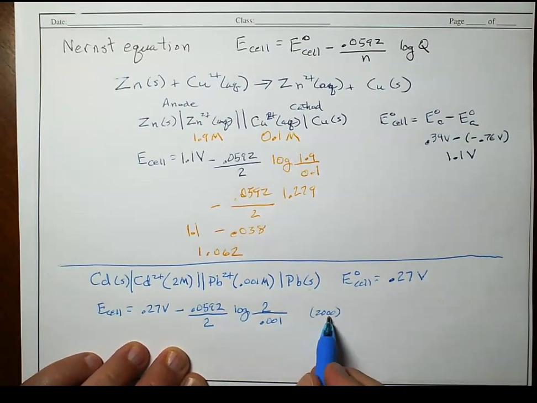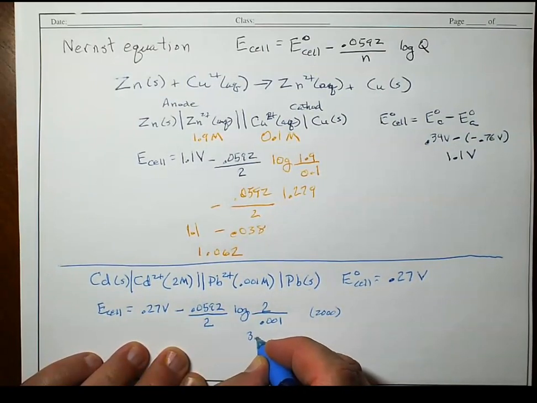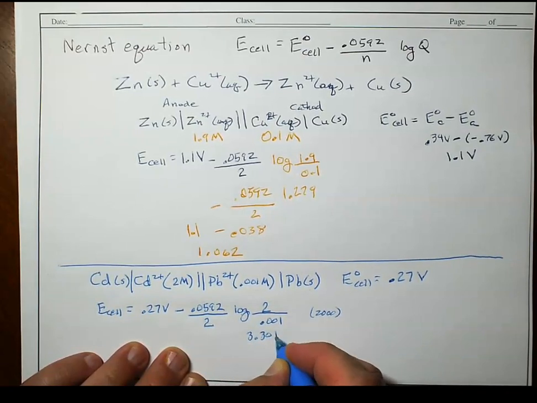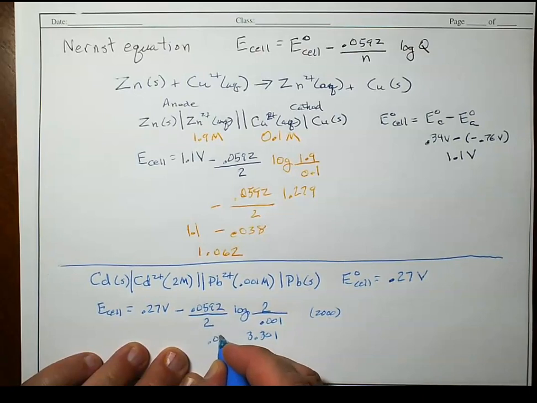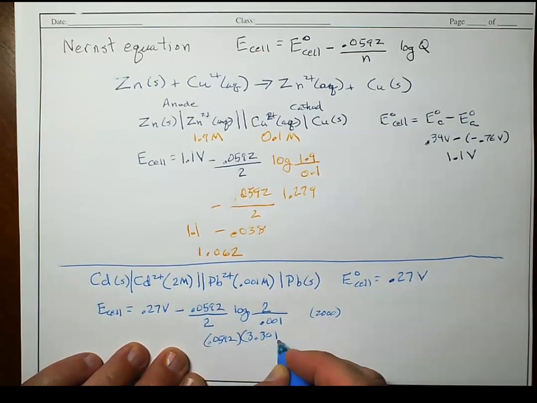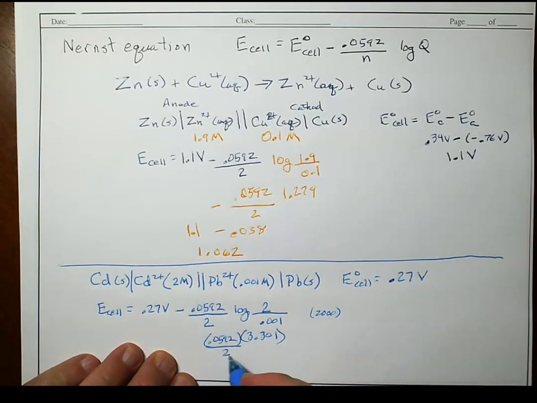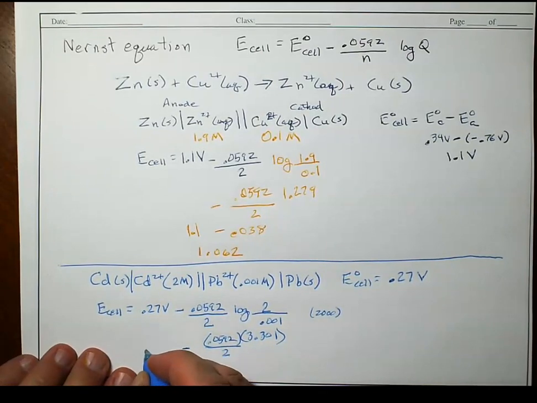And the log of 2,000, you can do it with a calculator if you like, but it's 3.301. And that'll be multiplied by 0.0592 and divided by 2. And the result of all of that will be subtracted from the 0.27.